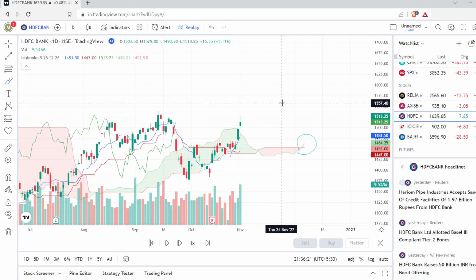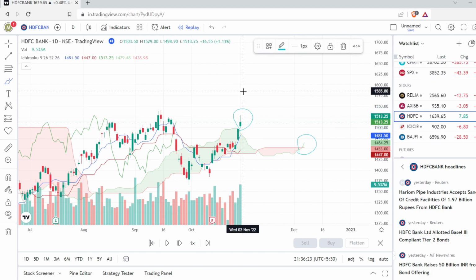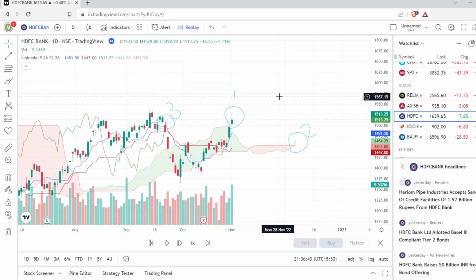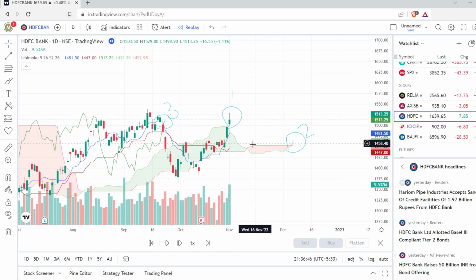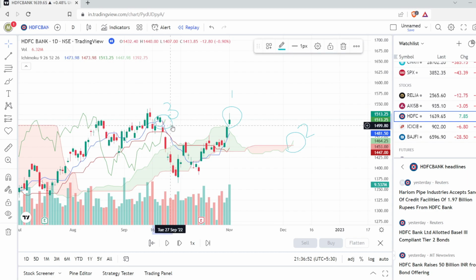So first condition is met, second condition is met, third condition is met, and the conversion line is also above the Kumo line. So you can take the trade. You can buy HDFC Bank at this point. I mean, not at this point, but on November 1st, you could have bought HDFC Bank.